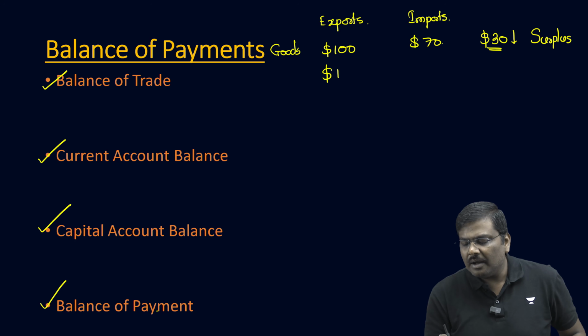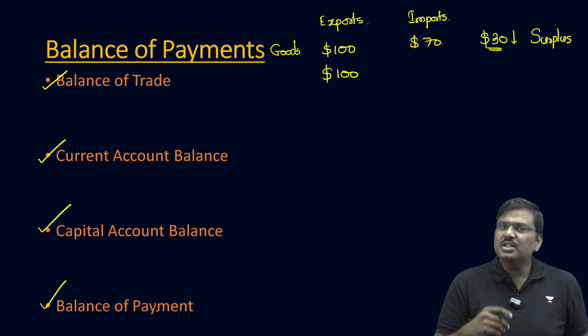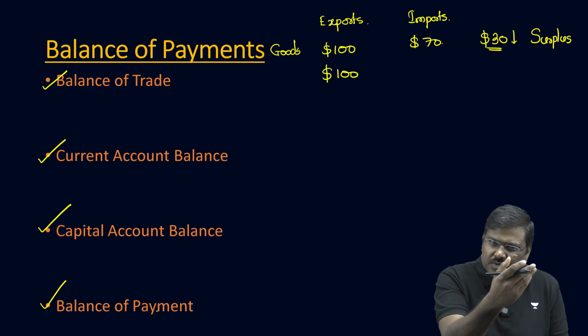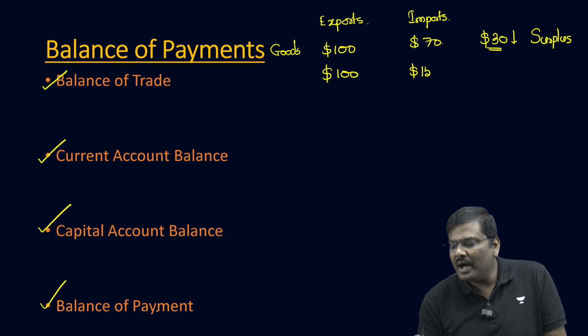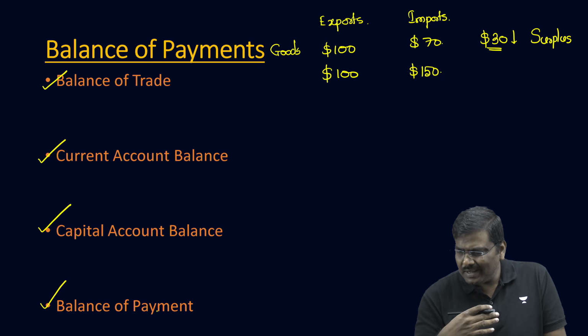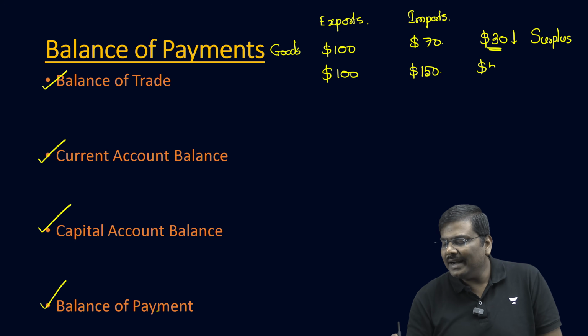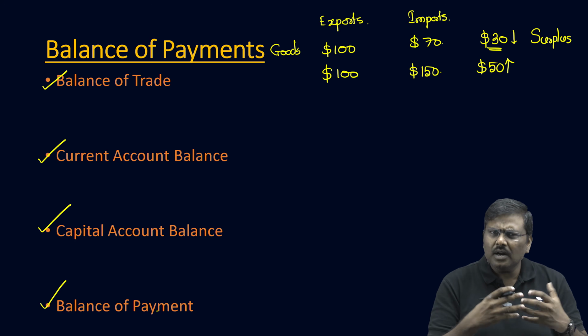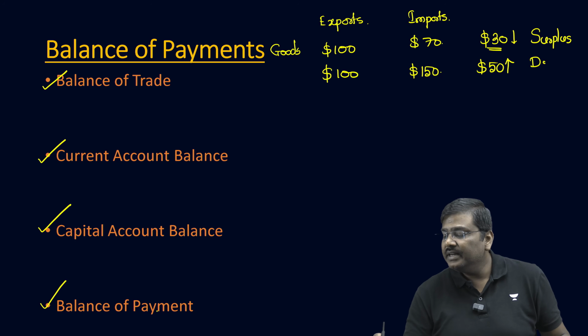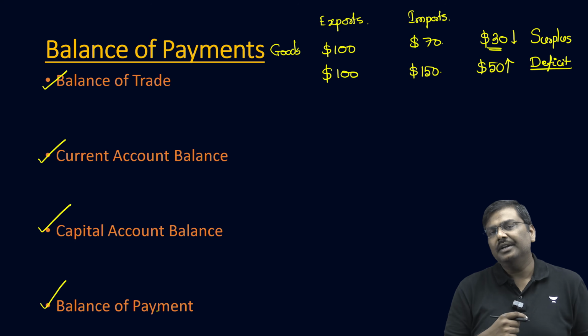And if it is vice versa, that is exports are worth $100, that is we will receive $100, and imports are worth, let's say, $150, in such a case there is a net outflow of $50 from India. Net outflow, and this is essentially referred to as deficit.